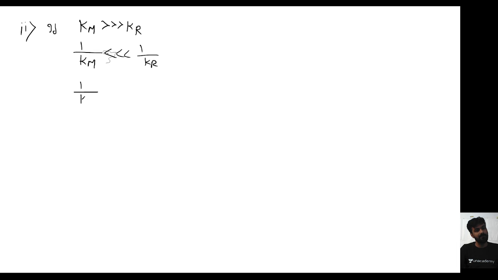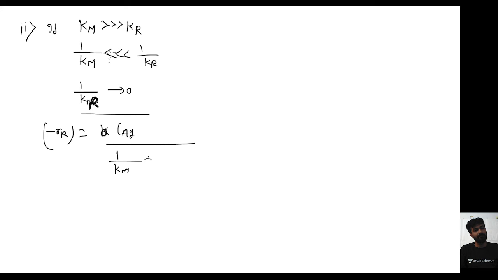So 1 upon Kr tends to 0. So can I write minus rate of reaction is equal to my resistance Cag upon 1 upon Km plus 1 upon Kr. As per the above discussion, one term is equal to 0. So can I write minus R is equal to my resistance Km and Cag.